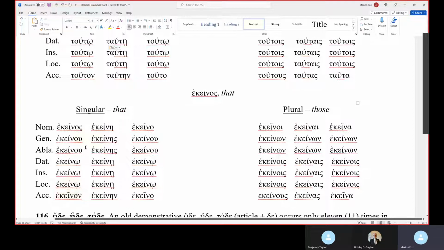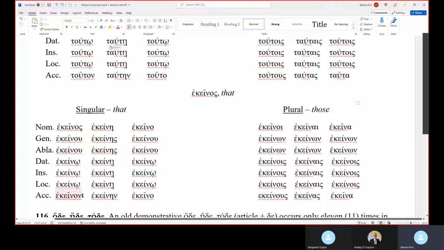Of course, that's masculine. The second column is feminine, ekeinē, and ekeinēs, genitive ablative, ekeinē, dative instrumental locative, ekeinēn.